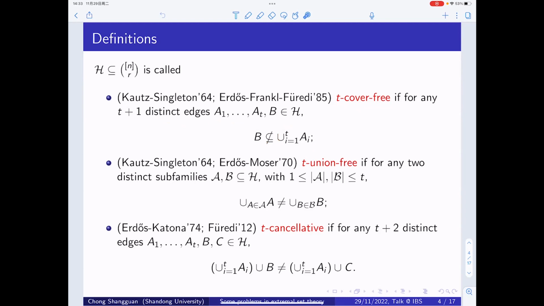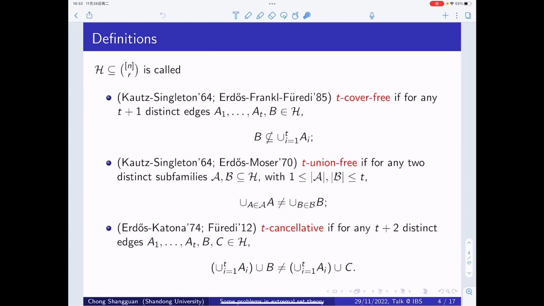T-cover-free hypergraphs were first defined by Kautz and Singleton in coding theory with the name superimposed codes. Later, this concept was rediscovered by Erdős, Frankl, and Füredi with the name cover-free families.